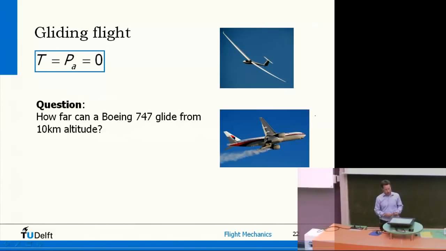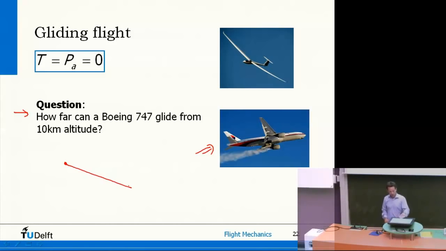Now, if you look at this question, we already showed it, but for a civil aircraft, of course, if you're in an engine failure, then the objective is that you're still able to reach the airport without power. So here the angle is important.